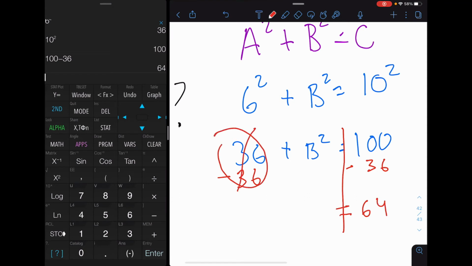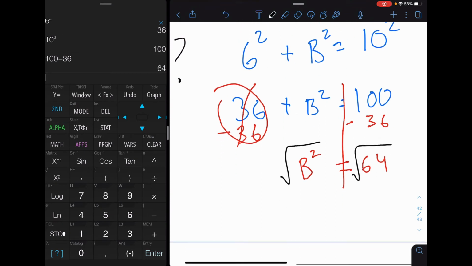This cancels. B squared. Remember, you have to take the square root. We take the square root to take away the squared. Estamos haciendo la raíz cuadrada para quitar ese 2, ese cuadrado. So now I have 1b, and I use my calculator.